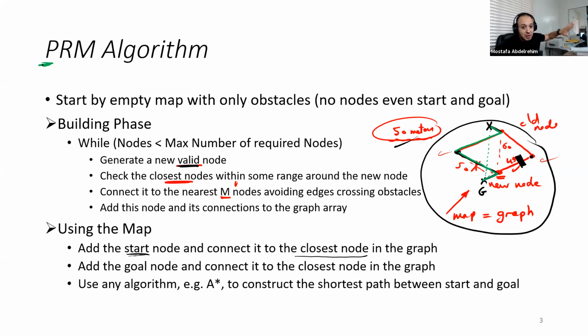It will be optimal based on the memory efficiency, for example, because you are not discretizing your map into smaller cells, very small cells, okay, or like a grid. So you will use less memory and less number of nodes. So the computation will be very fast.